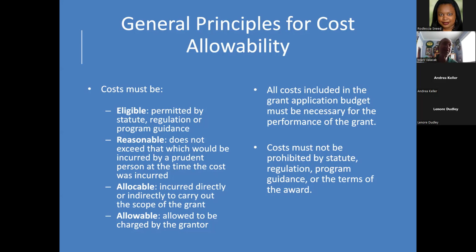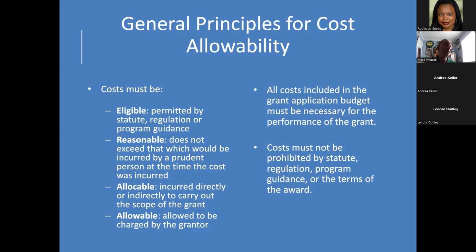The item has to be allocable, meaning that it's incurred directly or indirectly to carry out the scope of the grant. So clearly, whatever you're purchasing needs to be an important component of the grant project.